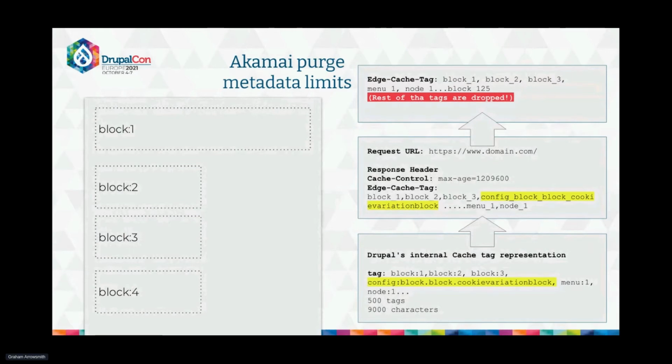Then that response will get served, and in our case, when Akamai was consuming the response from the origin, everything after the 128th tag was dropped. So, Hemant, could you take us through the strategies that we put in place?